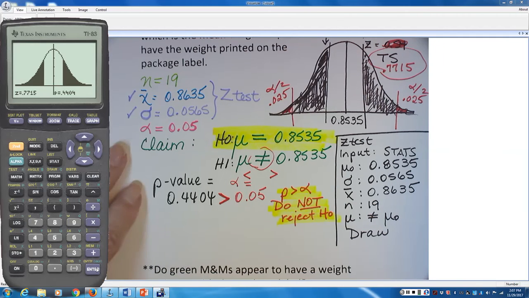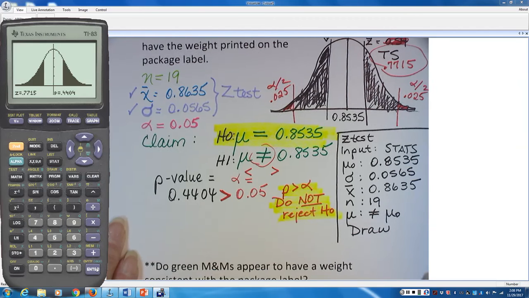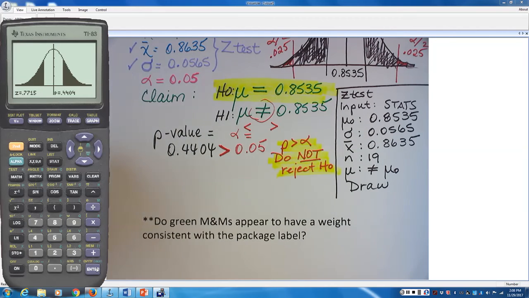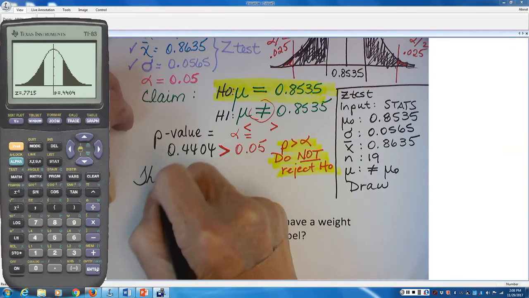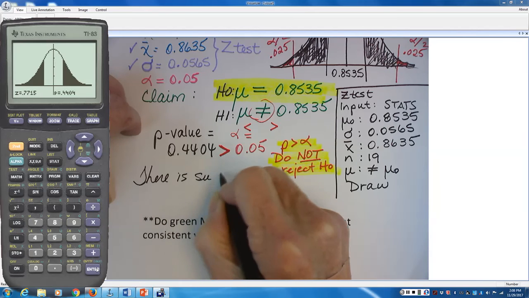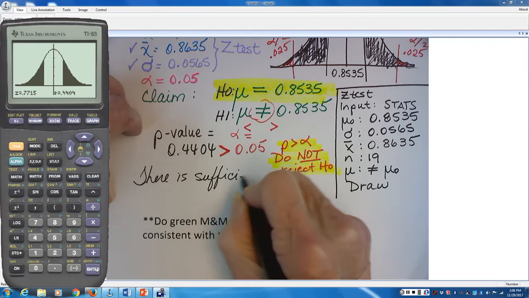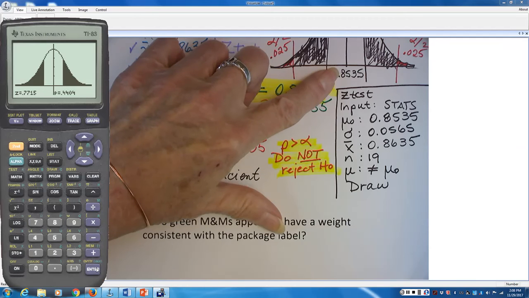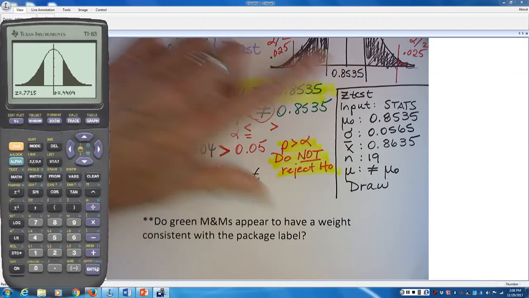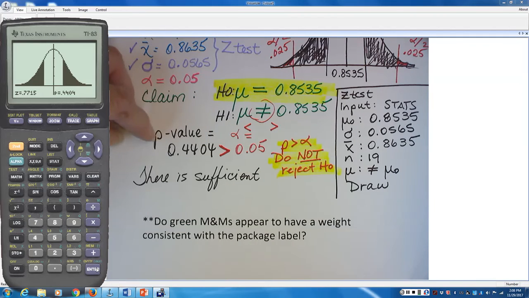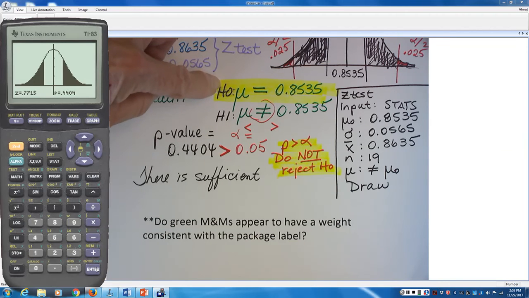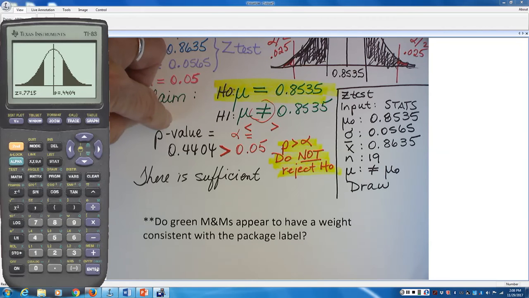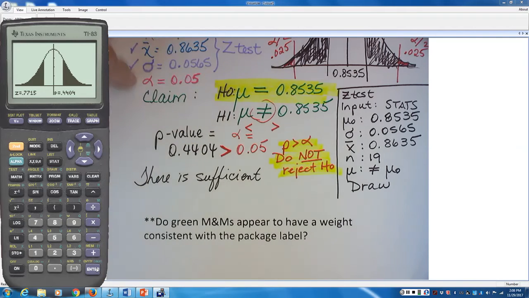Say there's sufficient evidence to support that the mean is. That's right. If there's a high probability, it means that's probably the correct mean. That's probably the correct center. If your p-value is a high probability, that means it's highly likely that this was true, this being H0. Now, if the claim had been that it was not equal to, then we don't have evidence to support that. Our evidence supports this.